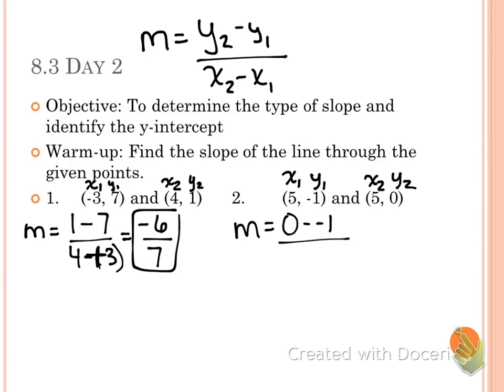And what's getting plugged into my denominator, Keon? 5 minus 5. Wonderful. What is 0 minus negative 1? A positive 1. And what is 5 minus 5? 0. But we talked about this yesterday, Jamarl. What is it really? Slope is undefined if 0 is in the denominator. Slope is undefined.